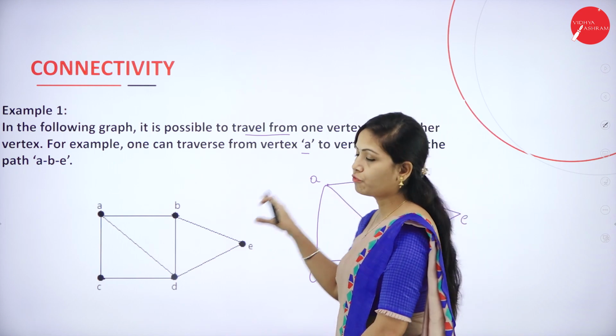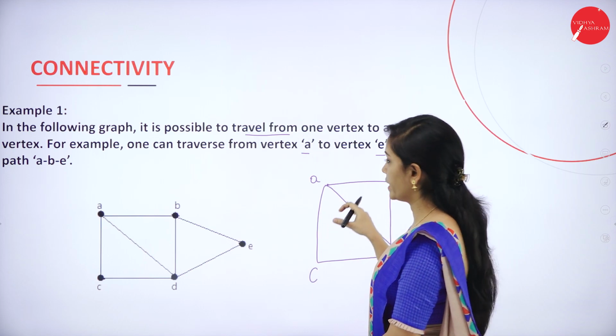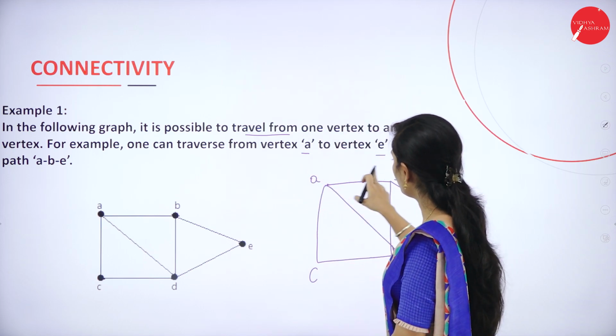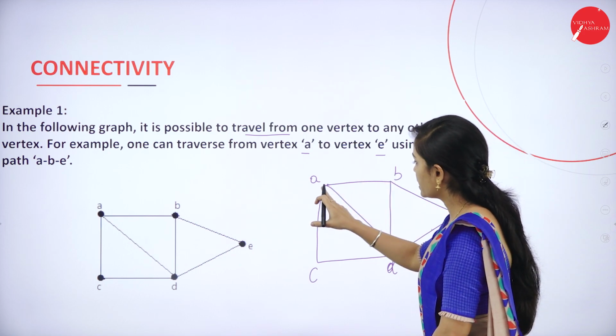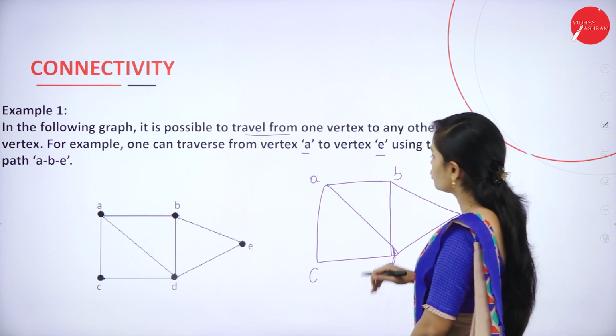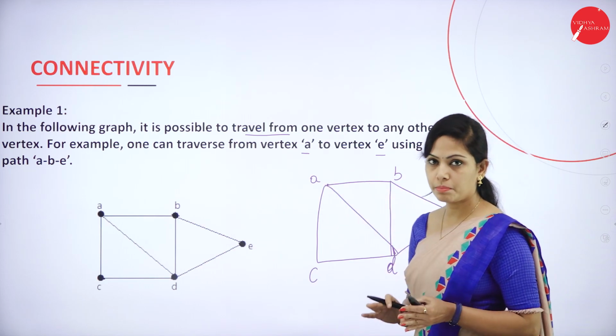Now I have to find the connectivity. Here there is a path between every pair of vertices. Just observe this: vertex A to vertex E. To travel from vertex A to vertex E, there should be one path, right?